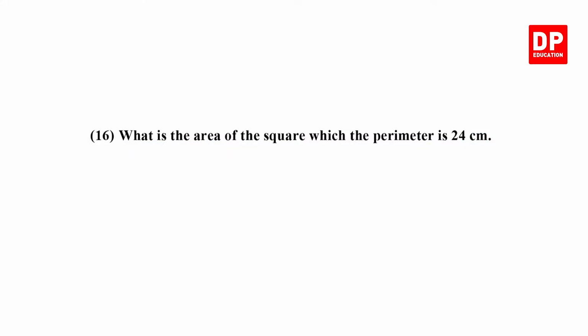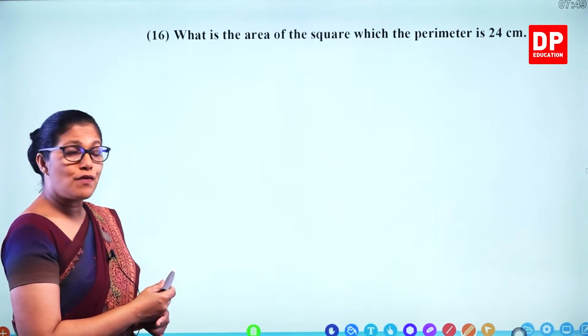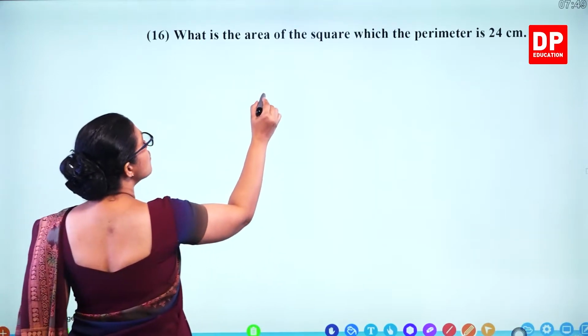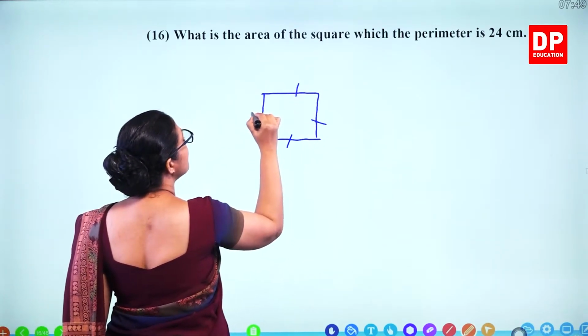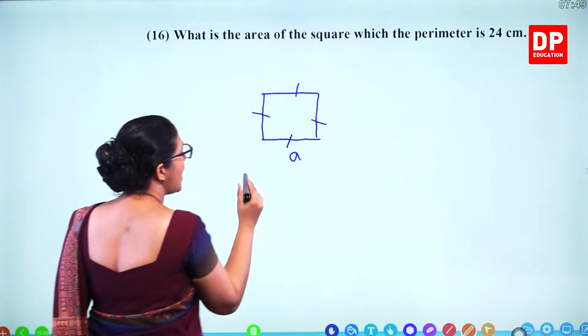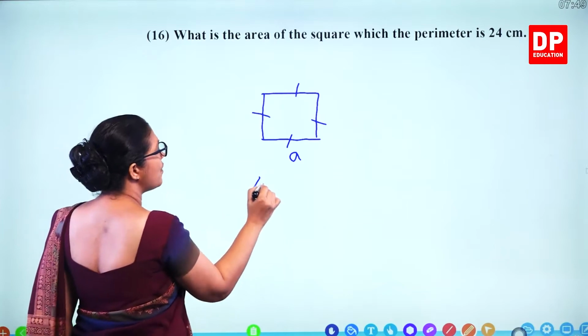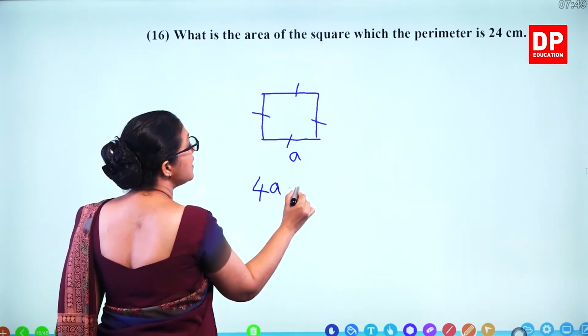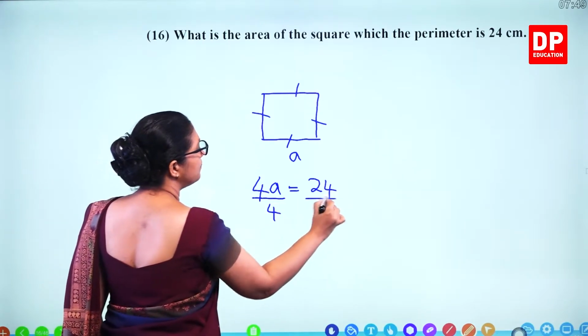Question number 16. What is the area of the square whose perimeter is 24 centimeters? So square means all sides are equal. If A is one side, 4 times A is the perimeter. 4A is equal to 24. So what's the value of A?